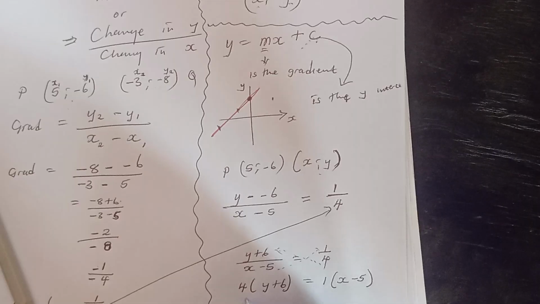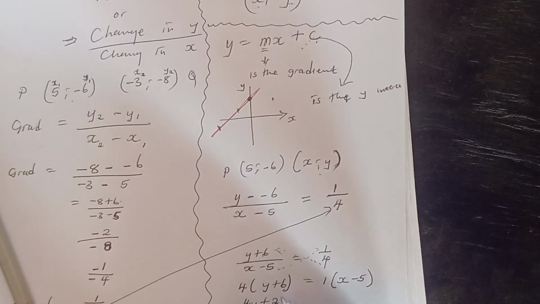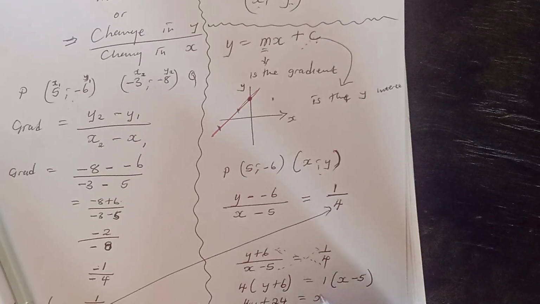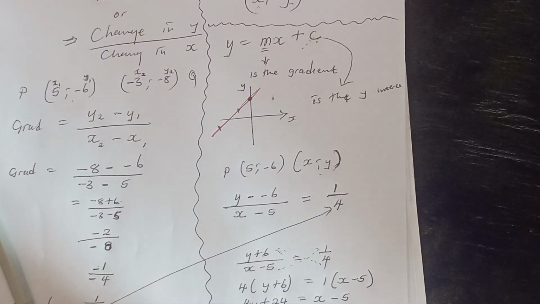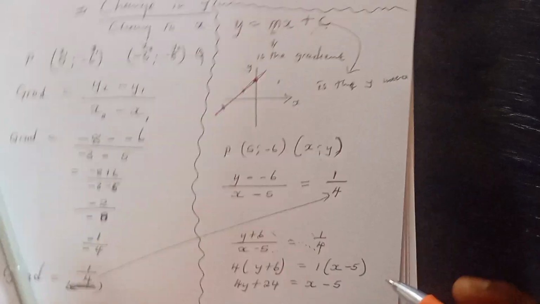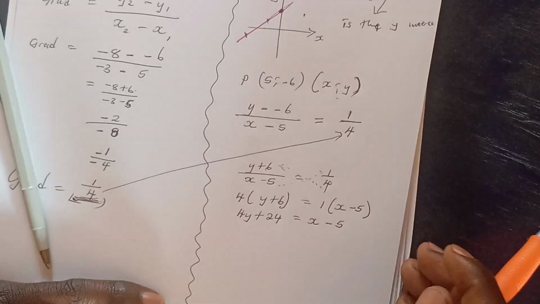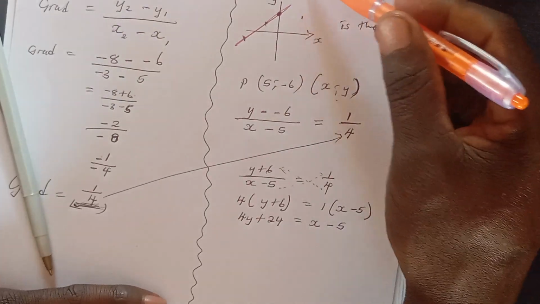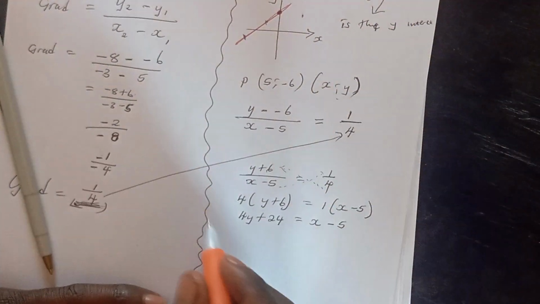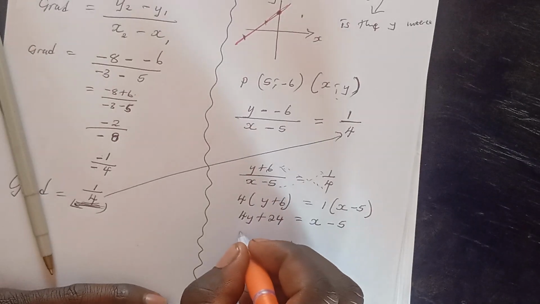This gives us 4y plus 24 is equal to x minus 5. Our equation must be in the format y is equal to mx plus c, so we have to make y the subject of the formula.